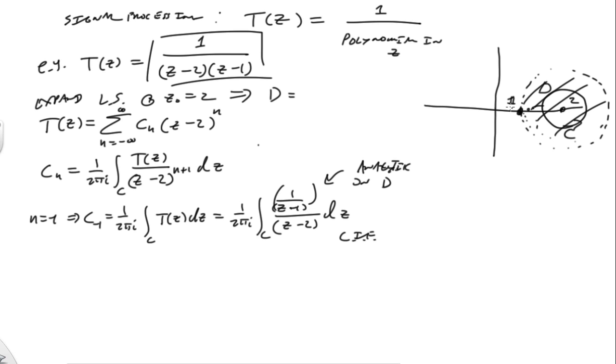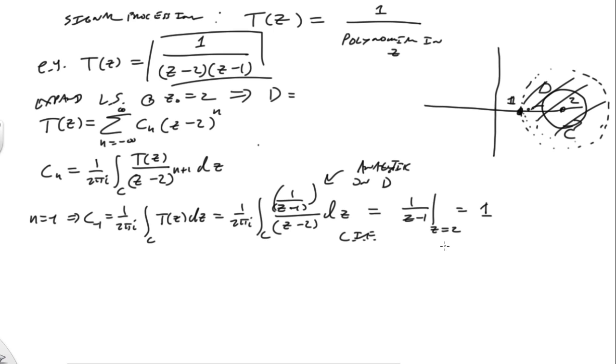We're in this range here, so we're okay. We're far away from 1, in which case we can just evaluate it at the point itself. So that is just 1 over z minus 1, evaluated at z equals 2, which of course is just 1. Okay, there we go.